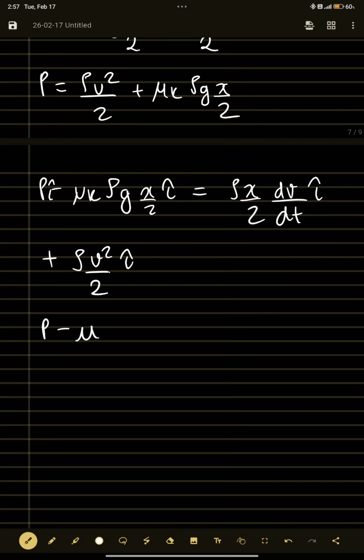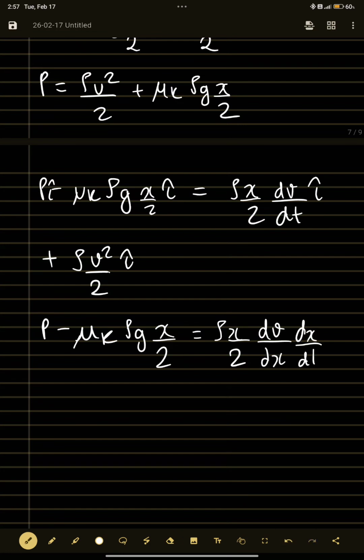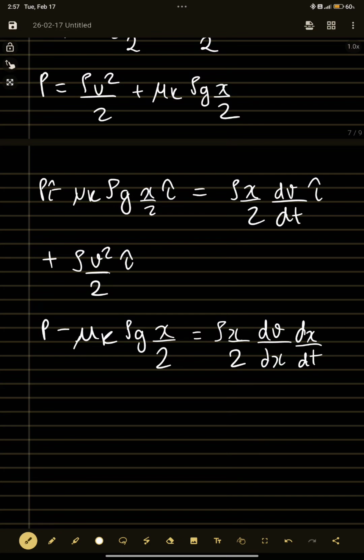Since you have to get the velocity as a function of x, you can always do this manipulation, right? This becomes v dv/dx, times rho x by 2.